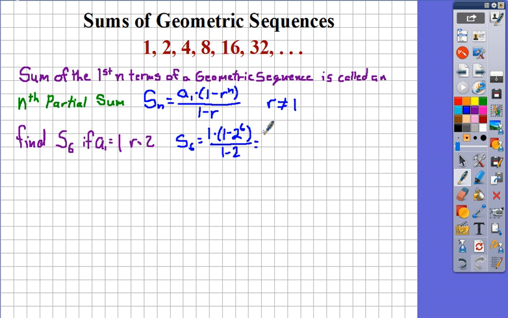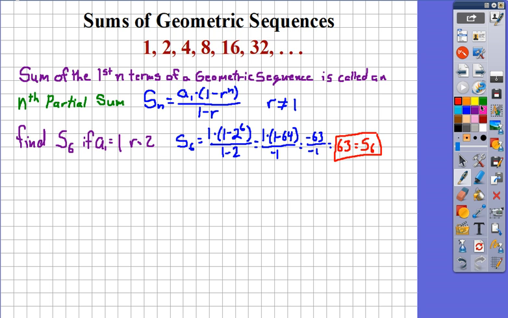As we simplify this, we get 1 times 1 minus 2 to the 6th power, which is 64, all divided by 1 minus 2, which is negative 1. So 1 minus 64 is negative 63, times 1 is negative 63, over negative 1. And we get a sum of the positive, as we expected, 63. That's equal to the sum of the first 6 numbers.